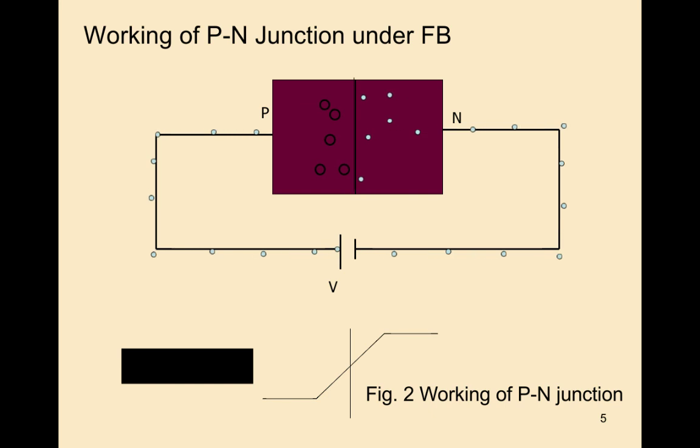When we connect like this, battery holes move towards the P side and battery electrons move towards the N side. So battery holes and diode holes repel each other. At the same time, battery electrons and diode electrons repel each other.